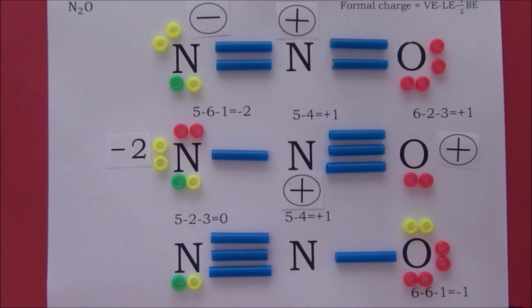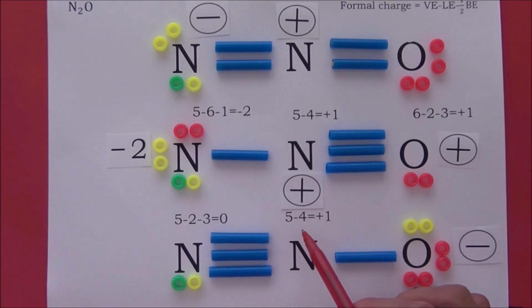So the formal charge for the oxygen atom is negative 1. For the central nitrogen atom, it has 5 valence electrons, minus 4 bonds. It does not have any unpaired electrons, so the formal charge for the central nitrogen atom is plus 1.